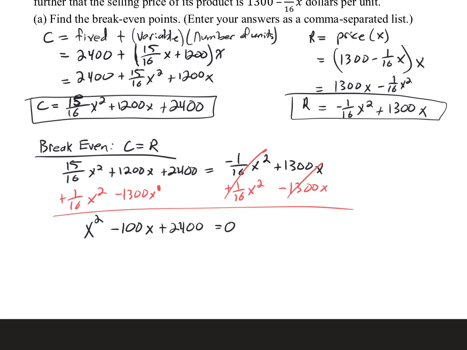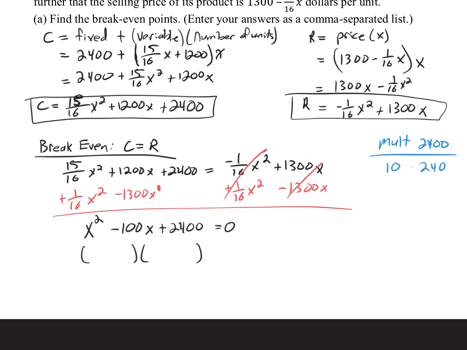You can solve this in any way that you like. You can factor, or you can use the quadratic formula. I'm going to choose to factor here. I need to find two numbers that multiply to be 2,400, and they need to add to be 100. So we go ahead and start making our list. I'm going to just start at 10 times 240.